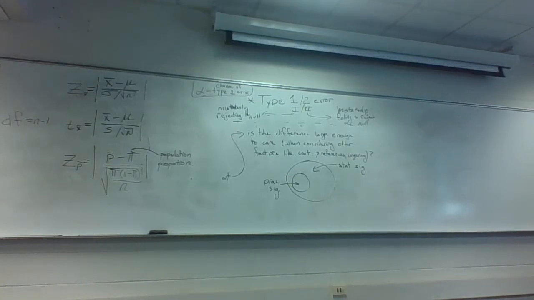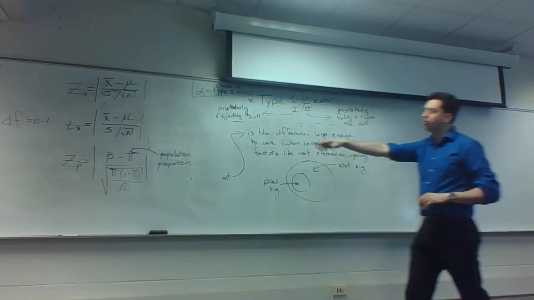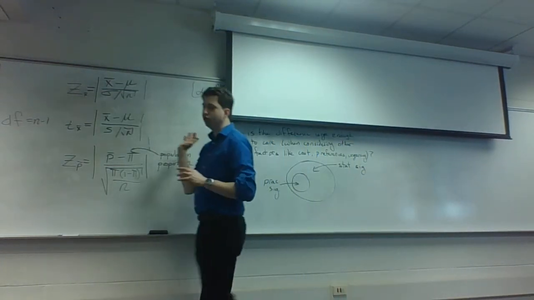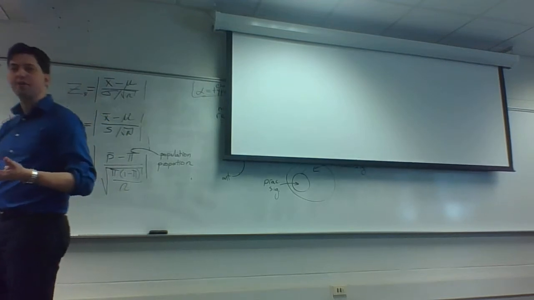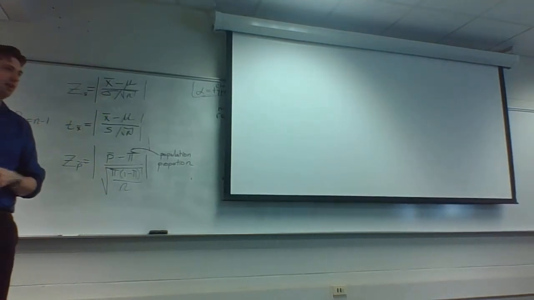And just like before, we will take that z-score that we calculate, compare it to some critical value, and check to see if it's statistically significant or not. The end.